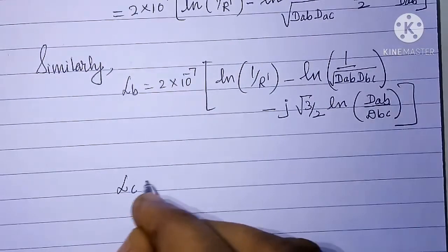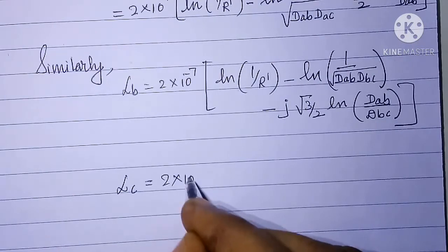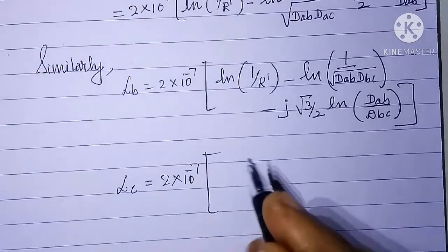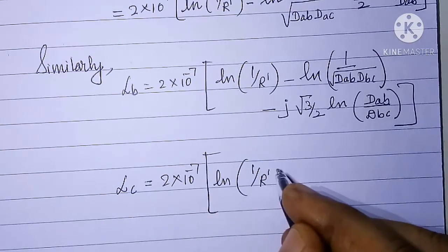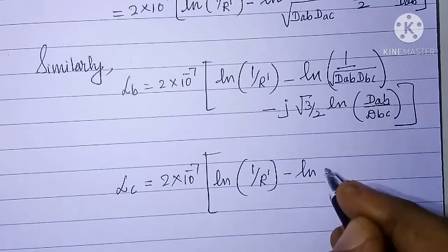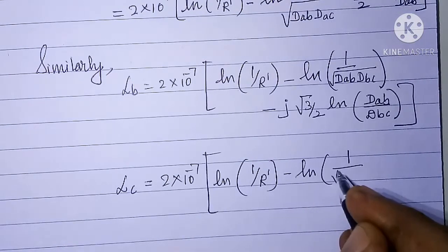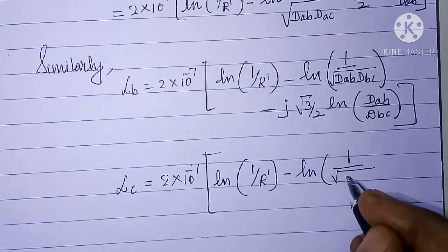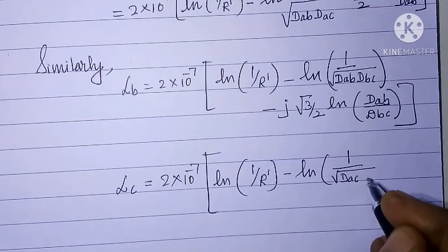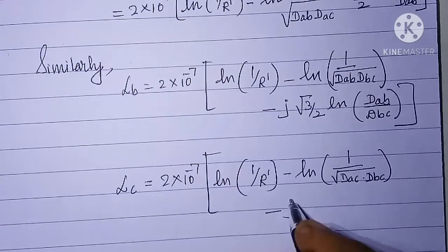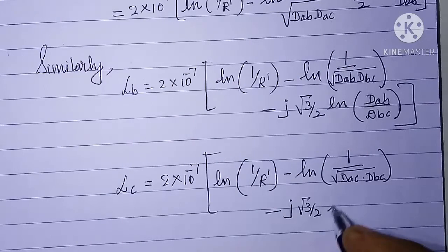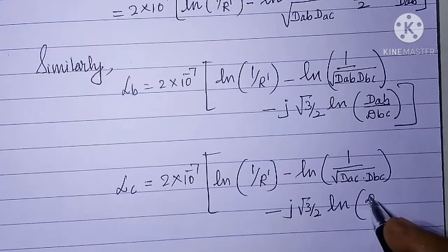And LC will be equal to 2 into 10 raised to minus 7 ln of 1 upon r dash minus ln of 1 upon under root DAC into DBC, minus j root 3 by 2 ln of DCB upon DCA.